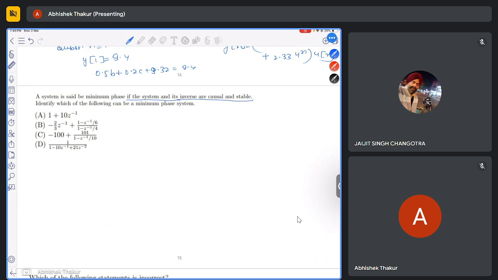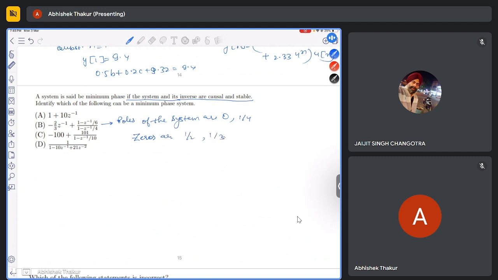So here you can see in option number B, the poles of the system are 0 and 1 by 4, and zeros are 1 by 2 and 1 by 3.